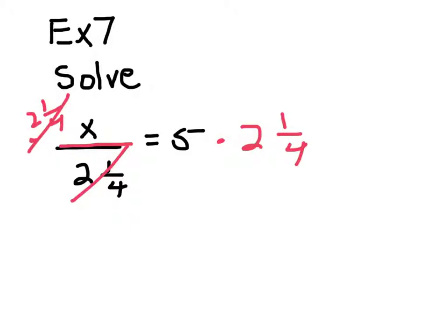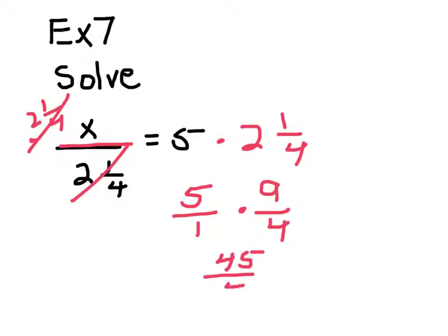What's 5 times 2 1/4? Well, let's see. How do I multiply mixed numbers? You change them to improper fractions. 4 times 2 is 8, plus 1 is 9/4. And let's see, 4 times 2 is 8, plus 1 is 9, so that's right. Now there's nothing to cross cancel, so I just multiply across, and I get 45/4. And you can leave your answer like that.